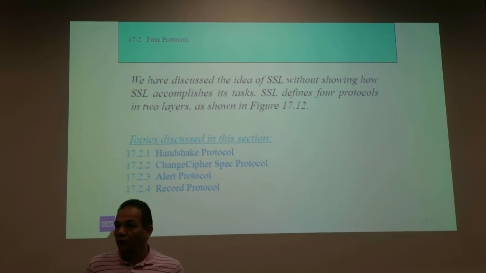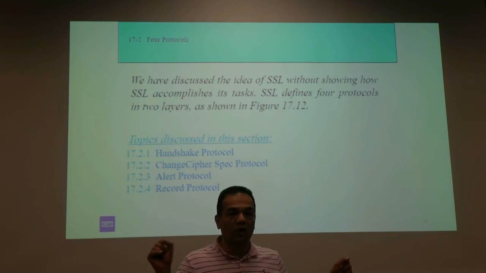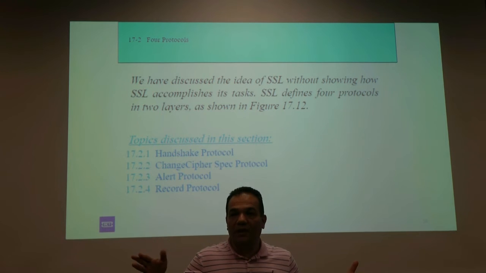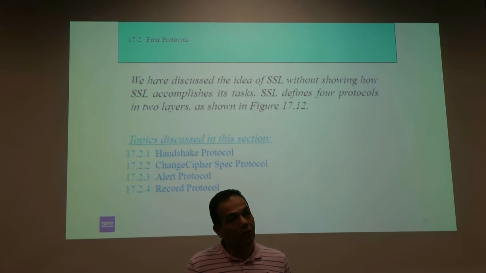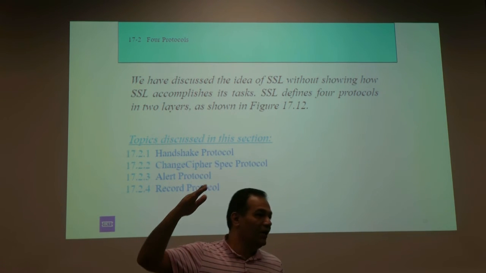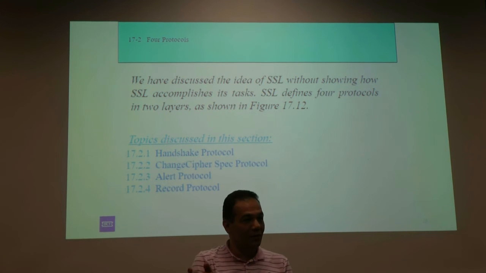Let's take a look at the 4. What is SSL? It's a protocol. Where does it operate? Between application and transport. It takes the data from the application, prepares it, and sends it to the transport.